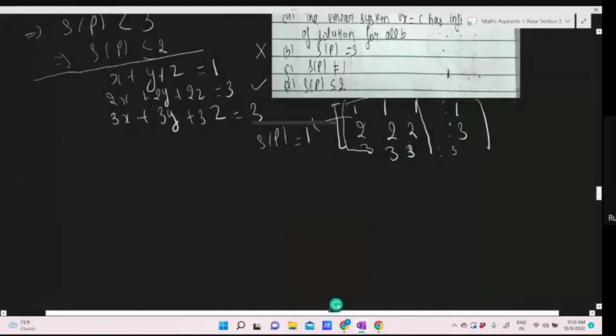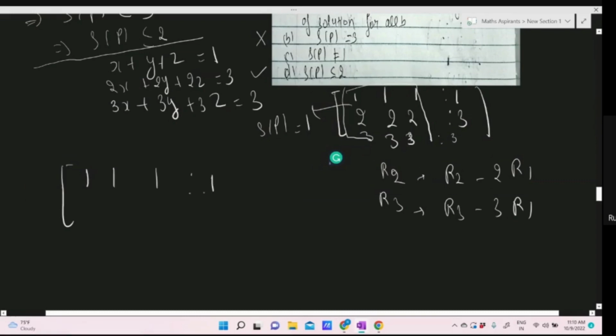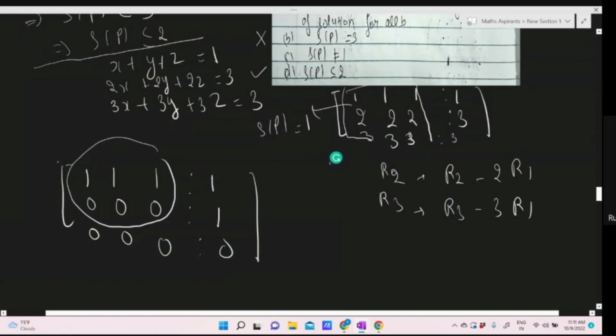For this, we will do R2 to R2 minus 2 times R1, R3 to R3 minus 3 times R1. Here we will get 1, 1, 1, 1; 0, 0, 0, 3 minus 2, which gives 1; and 0, 0, 0, 0. Here you can see that the rank of the matrix is 1. Rank of P is 1, and rank of P augmented C becomes 2.